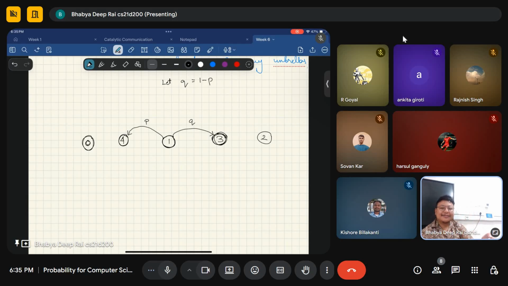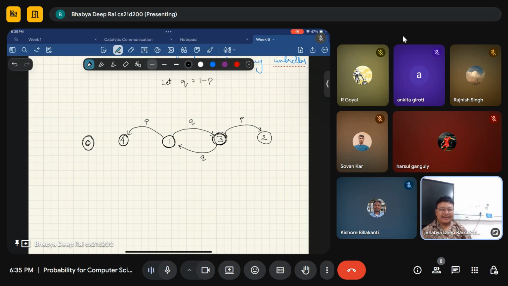If it rains, then I'm going to take an umbrella to the other place which has 1 umbrella, so there will be 2 umbrellas. If it does not rain, then I don't take an umbrella, and I go to the other place which has just 1 umbrella, with probability Q. Because Q is the probability with which it does not rain.